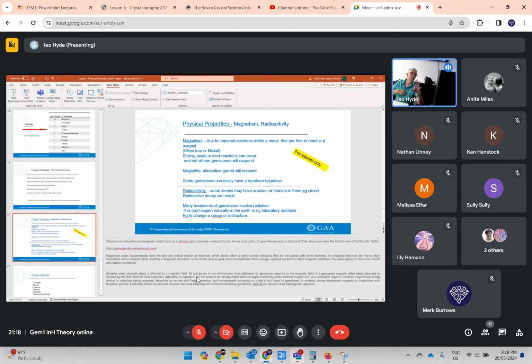Radioactivity, some stones have some radioactive stuff happening inside the gemstone. Green diamonds that are natural green diamonds, they've happened because radiation in the earth has made them green. We use radiation to change colour in gemstones if we want to, like blue topaz. So that's just for your interest about radioactivity and magnetism.